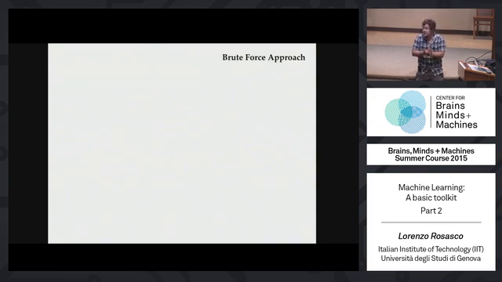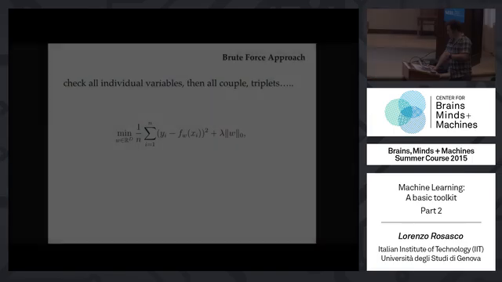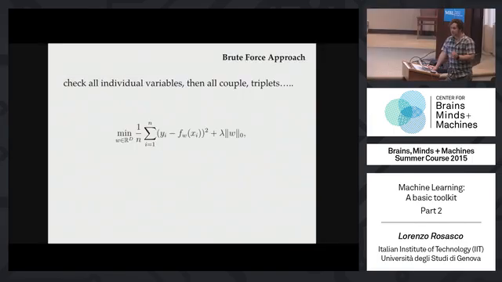From a statistical point of view, there is absolutely nothing wrong with this, because you're trying everything, and at some point you find what's the best. The problem is that it's combinatorial, and you see that when you're in dimension a few more than very few, it's huge. Okay, so it's exponential. So it turns out that doing what I asked you to tell me to do, which is this brute force approach, is equivalent to doing something like this.